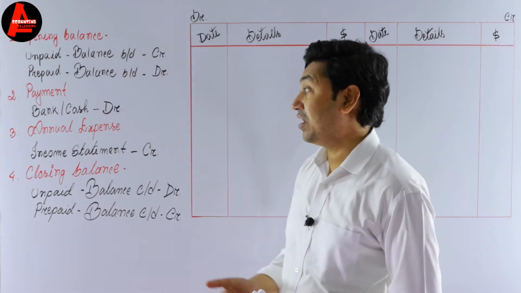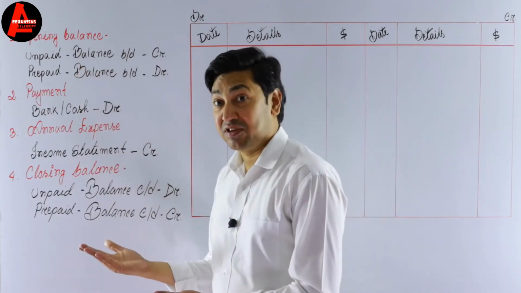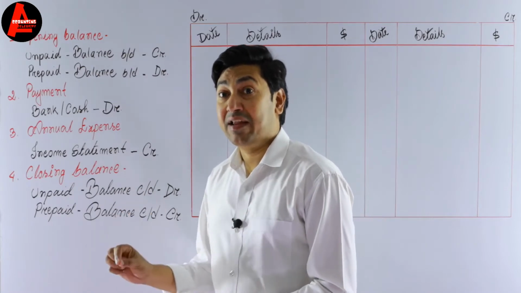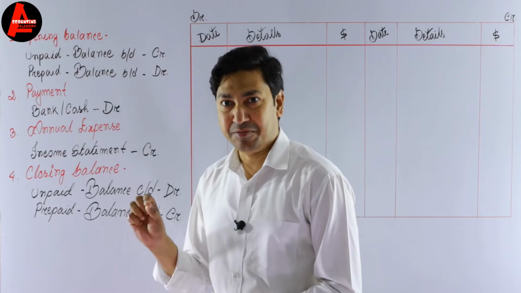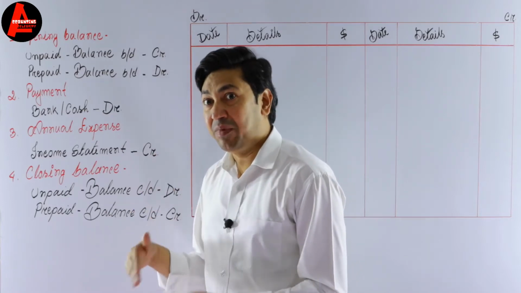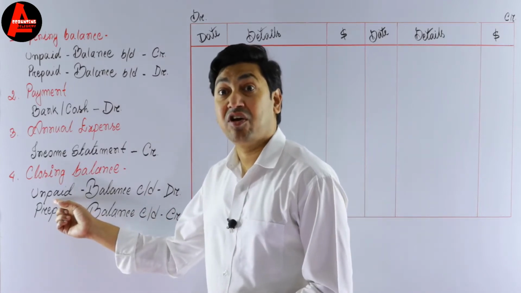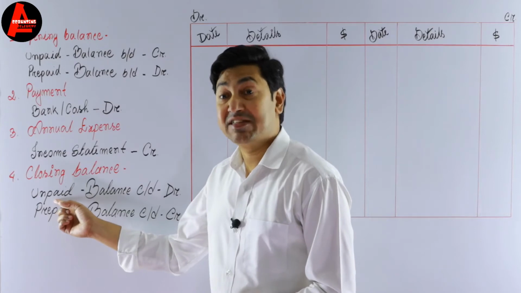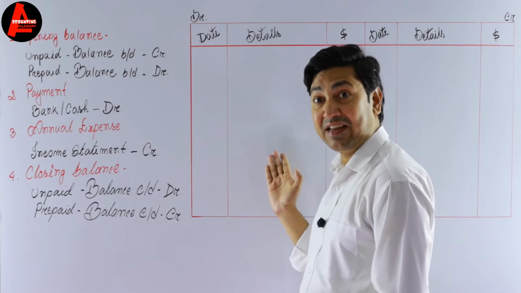Then number 4, closing balances, like opening balance. So what is closing balance? It means balances on the last day of the accounting period, okay? On this day, you may have 2 balances. Maybe it is an unpaid or accrued or outstanding expense. In this case, it will be recorded as balance CD on the debit side here.